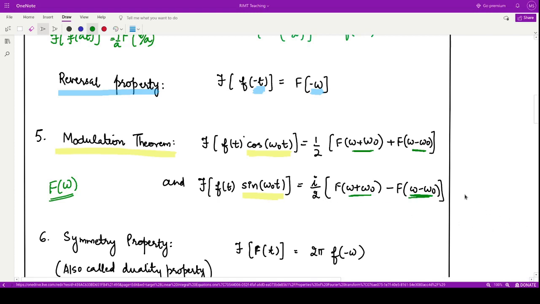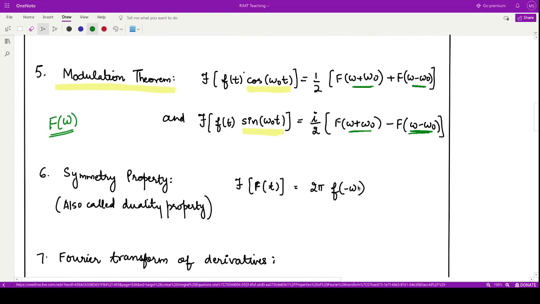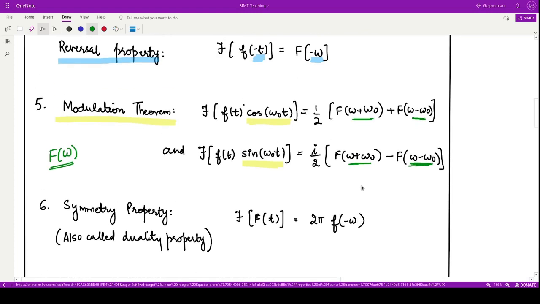Our next property is the symmetry property, which is also known as the duality property. Now you can see the difference here. This is capital F of t and this is small f of omega. Our initial function f was defined in the t domain, and whenever you applied this operator onto this function, you obtained capital F of omega.